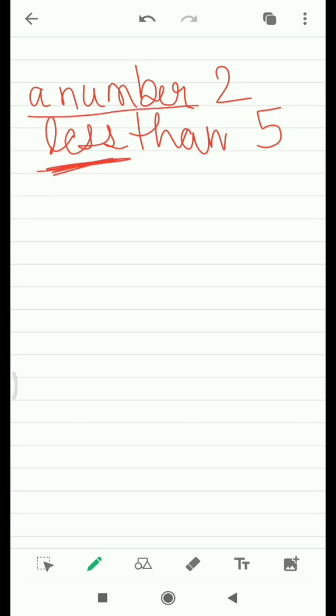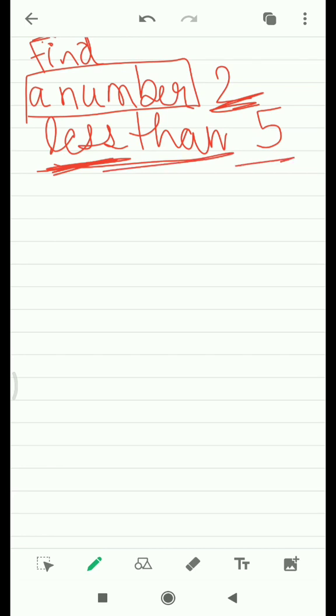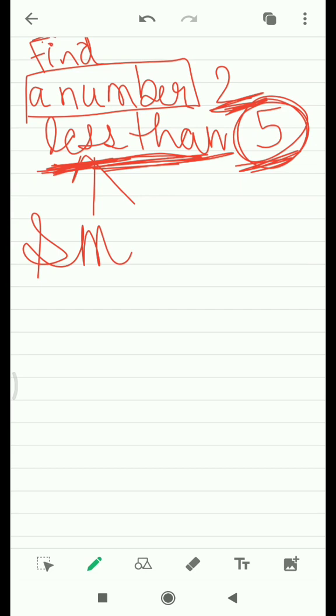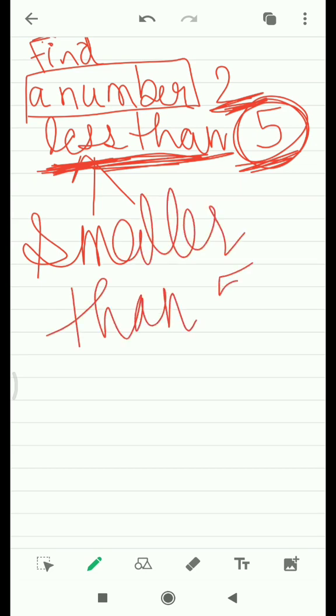I need you to find a number 2 less than 5. आपको ऐसा नंबर फाइंड करना है जो 2 लेस है, किससे लेस है? 5 से. Since it is less, so it must be a smaller number. It must be smaller than 5.